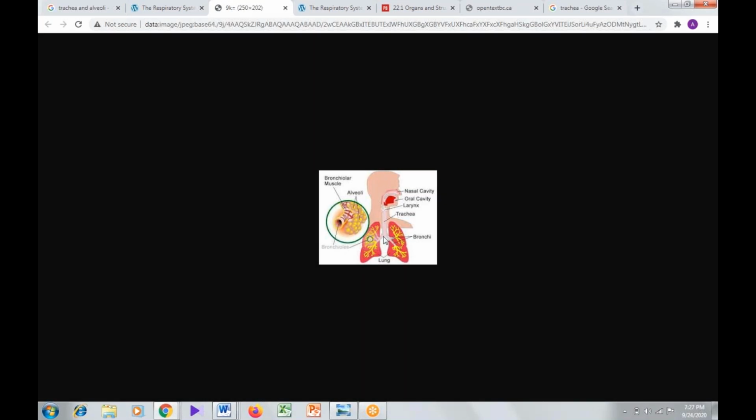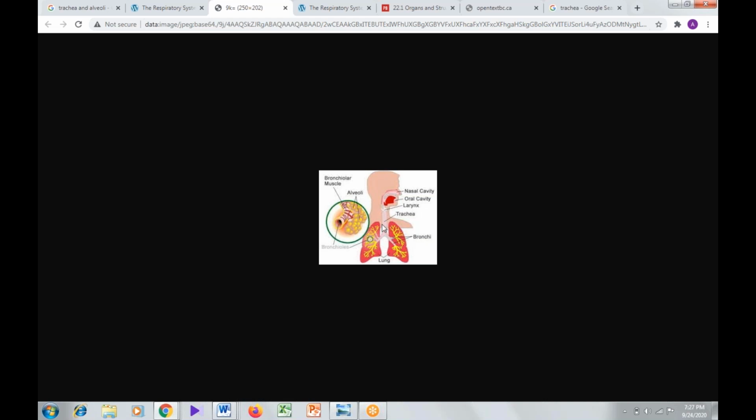Ishfaq, are you able to see this diagram? Yes. See, now the windpipe is actually called the trachea, and the trachea has the function that this is the pathway of transportation of gases. It is made of cartilage.